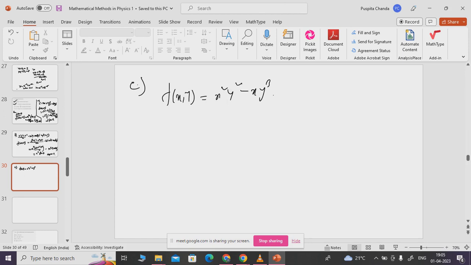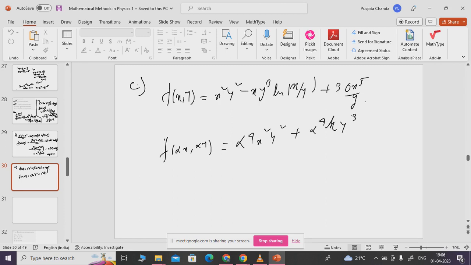Question number C, this is function of xy equal to x square y square minus xy cube ln x by y plus 30 x to the power 5 y.